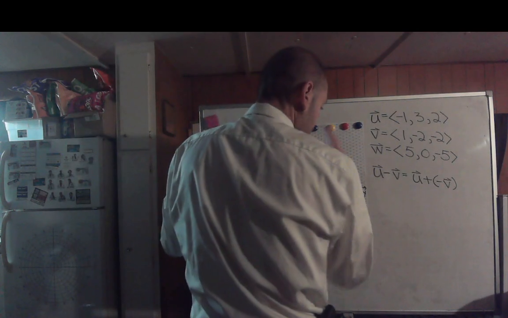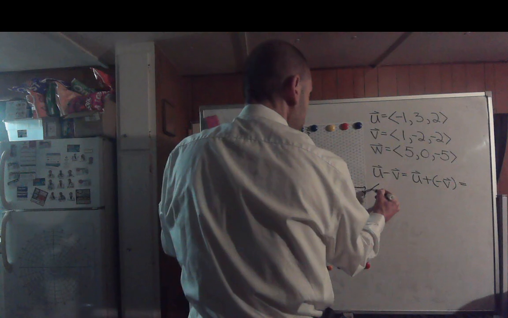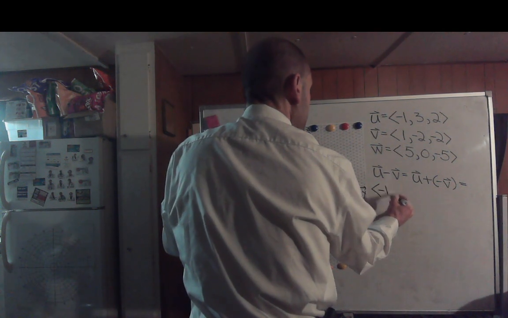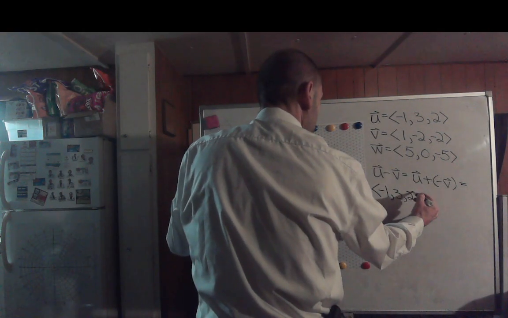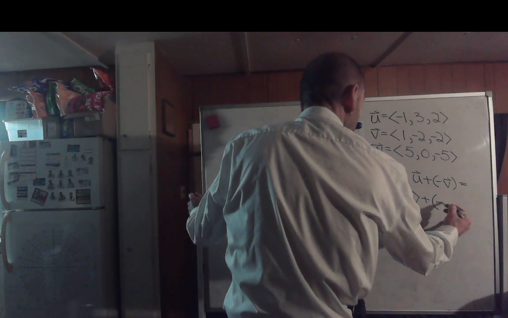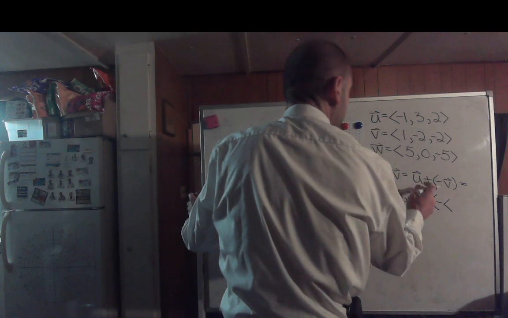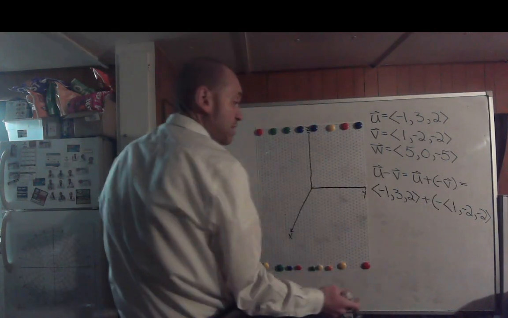So what we're going to do now is take our vector u, which we know to be -1, 3, 2, plus that negative of vector v, which is -(1, -2, -2). Well, I'll work inside my parentheses.